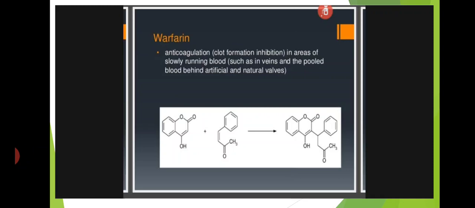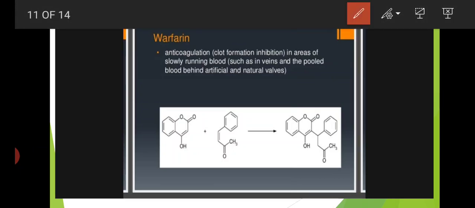Where the blood is running slowly, the warfarin drug is used for anticoagulation. Here this is warfarin. This is the synthesis. These two reactants react with each other in the presence of base and form warfarin. Warfarin is an anticoagulant drug.